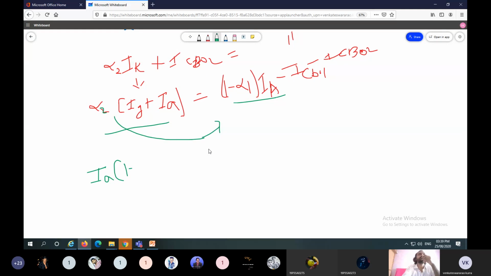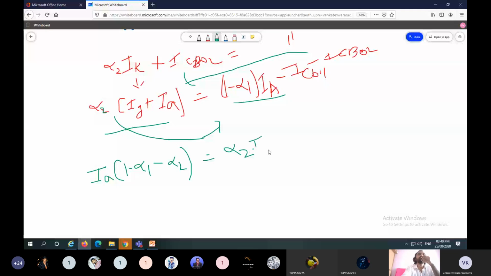Then the remaining equation is IA into 1 minus alpha 1 minus alpha 2. And these two terms to right side. Here the remaining value is alpha 2 IZ.